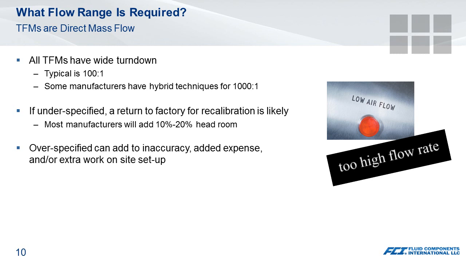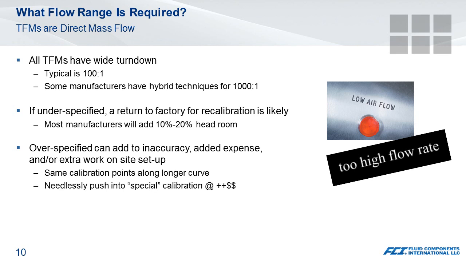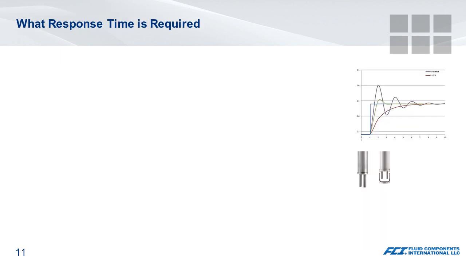It might also push the manufacturer into quoting you special calibration techniques, special processes, special flow stands, all at additional dollars you wouldn't need to spend. And on-site, if it's overspecified, you're trying to rearrange the product and reset the outputs to the range that's required. So be sure you're specifying the correct flow range that's needed at the application.